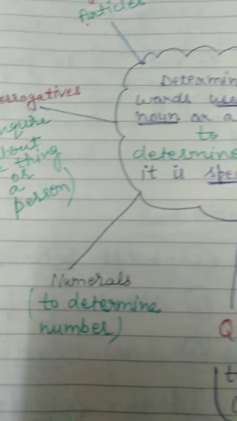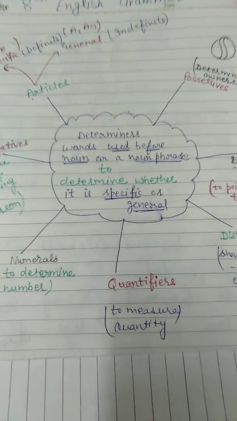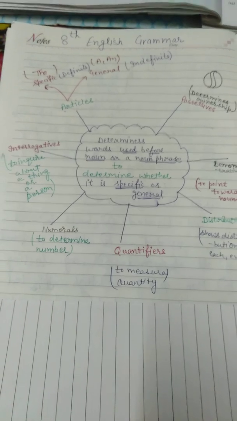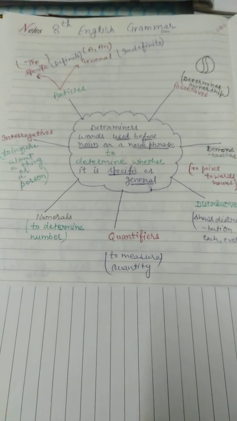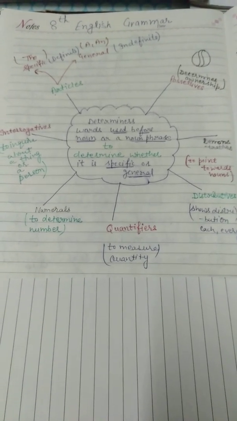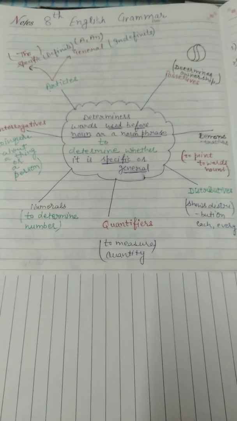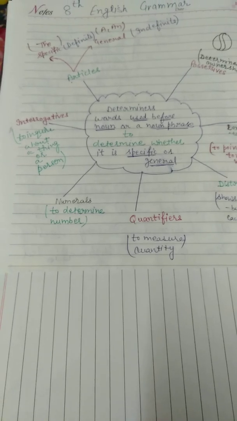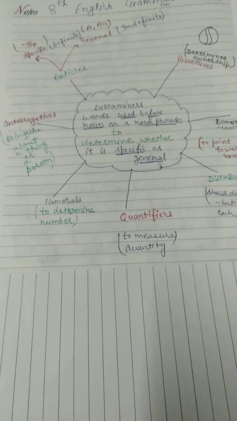How many types we have done? I think we have done all the 7 types. You could count. First articles, second possessives, third demonstratives, fourth distributives, fifth quantifiers, sixth numerals, and seventh interrogatives.